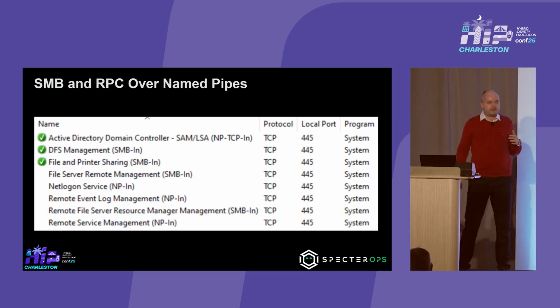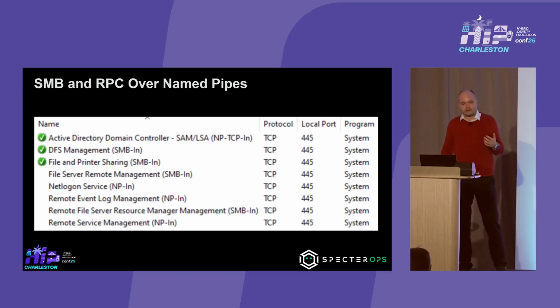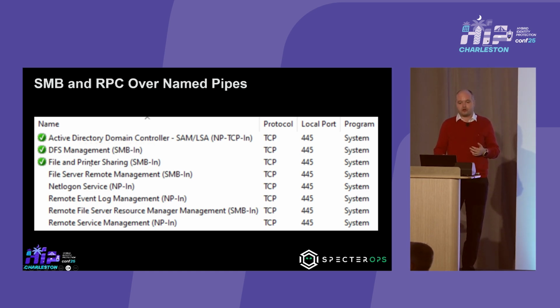Another issue with RPC, as we already mentioned, is RPC over named pipes. So if you enable this first rule, SAM protocol, or the third one, file and printer sharing, it also enables all of the other protocols, even though they are not explicitly enabled. Because all of these rules only enable inbound communication to port 445.